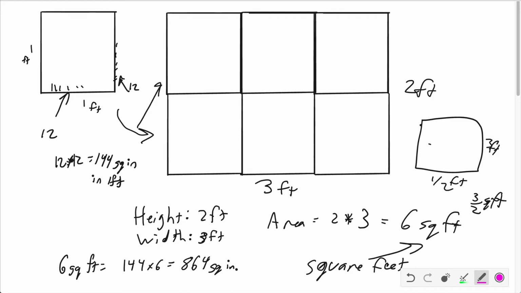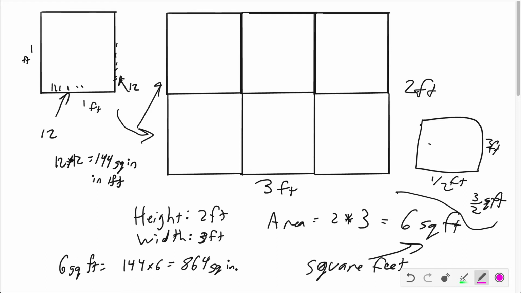And notice how when you multiply these things, because that one dimension was 1/2, you're ending up with a smaller number, right? So 3/2 square feet, the 3/2 seems smaller than 3. I mean, it is, but it's now a different unit, right? And so comparing them in that way is sort of odd, right?